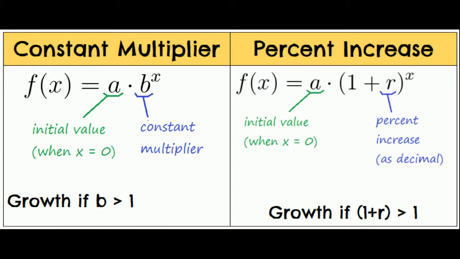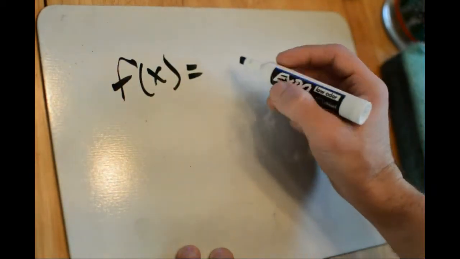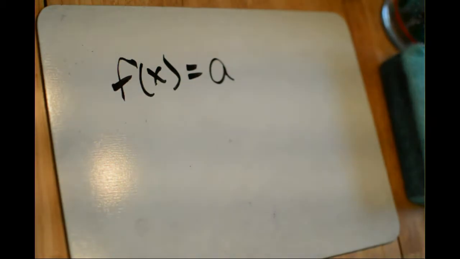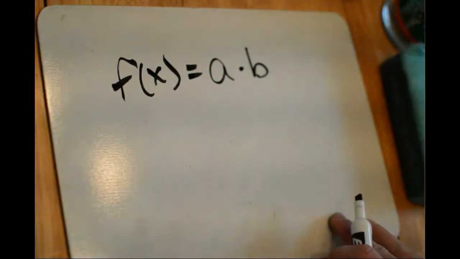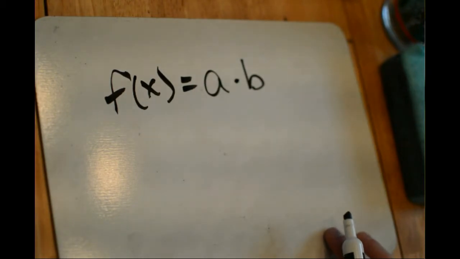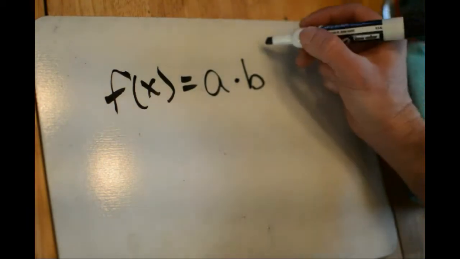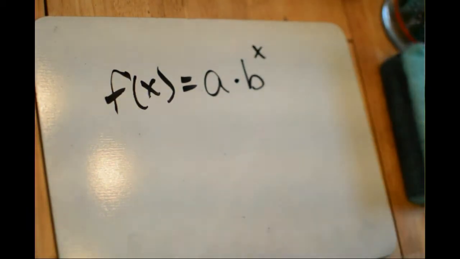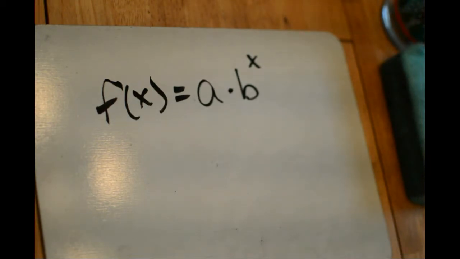So we're going to begin by writing out f of x, or you could use y equals. A is going to represent the starting value, and b we're going to use to represent the constant multiplier, the factor that's being multiplied repeatedly. And since we are multiplying repeatedly, x is then an exponent because that's how we show repeated multiplication.